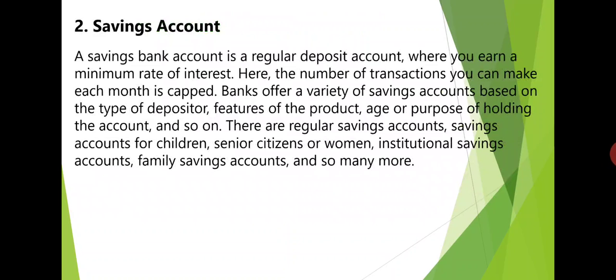A saving bank account is a regular deposit account where you earn a minimum rate of interest. Here, the number of transactions you can make each month is limited. Yes, there is a restriction on the transactions in saving accounts.